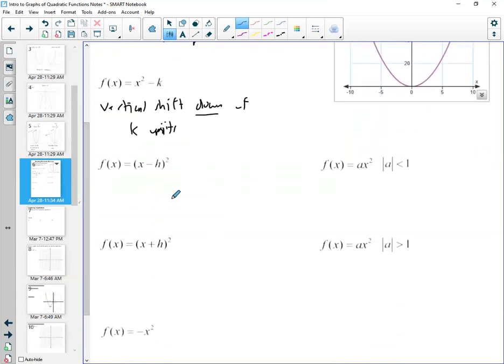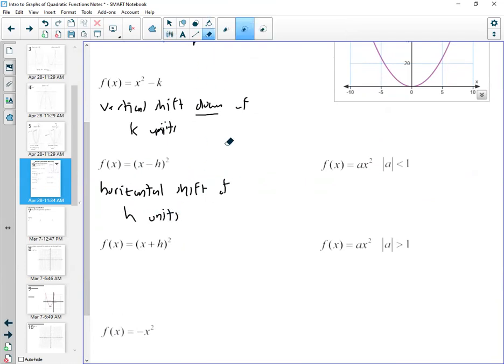If the number added or subtracted is on the inside, it's a horizontal shift. Horizontal shift of h units. Shoot, I should have said which direction. Horizontal shift to the right if the number is subtracted.